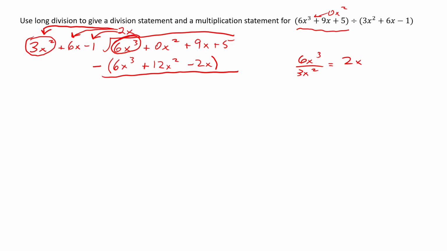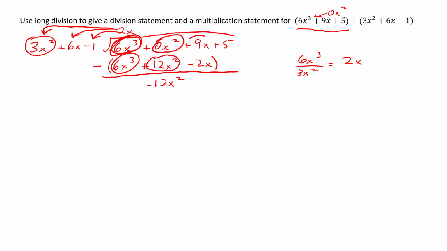Now I'm going to say, what is 6x cubed minus the 6x cubed? And the answer is 0. That falls away, which is what I wanted it to do. Now, what is 0x squared minus, in front of the bracket, 12x squared? The answer is negative 12x squared.